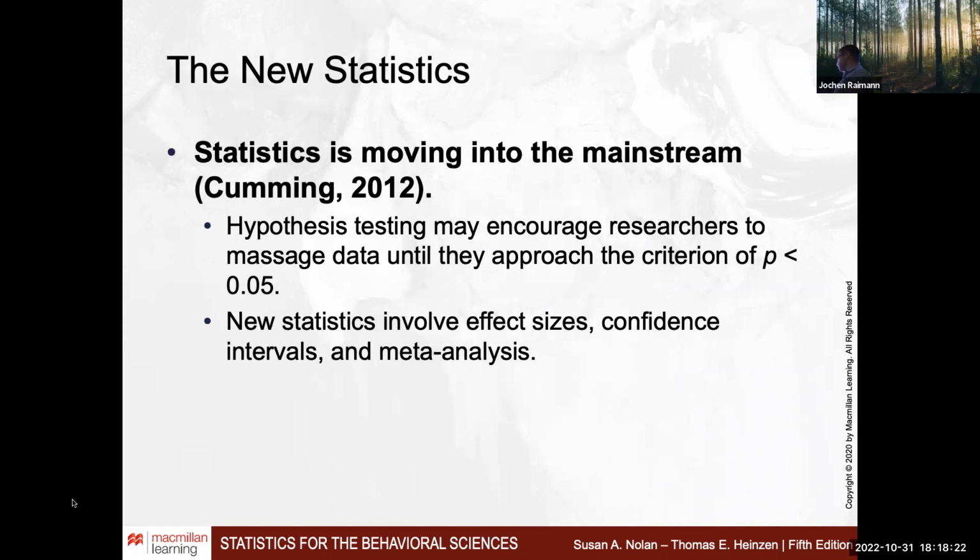It's a term coined by Cumming in 2012, and he advocated looking more into the background behind hypothesis testing: understand the variability, the effect sizes, and the confidence intervals, and pay attention to meta-analysis, or conduct your own meta-analysis on topics you're interested in.